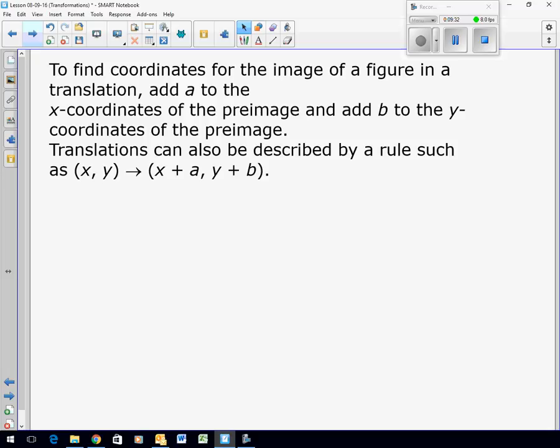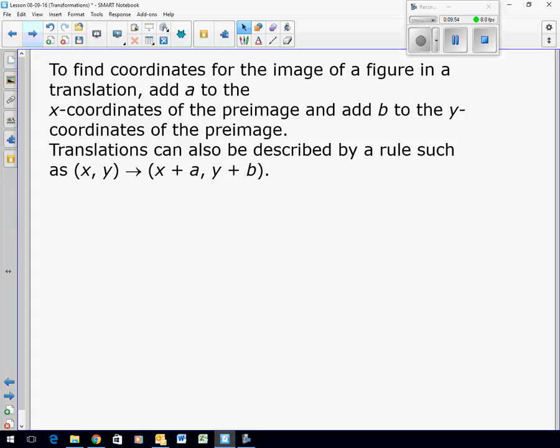Let's read this slide. Find the coordinates of the image of a figure in a translation. This is just talking about translation. A is added to the x coordinates of the pre-image, and B to the y coordinates of the pre-image. A translation should also be described by a rule. Here's the big rule.